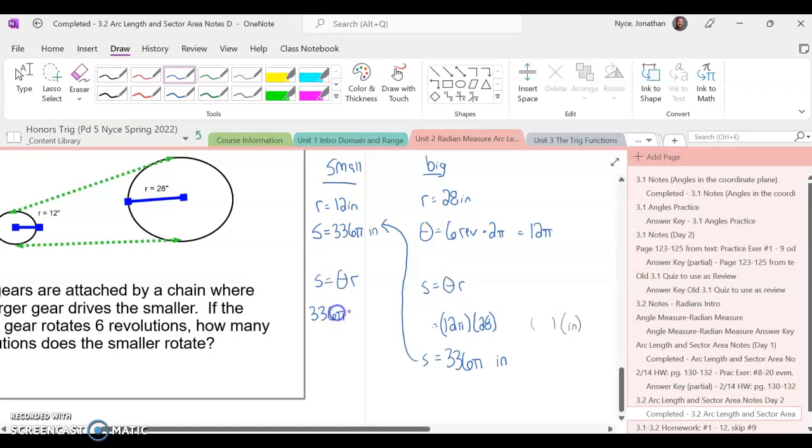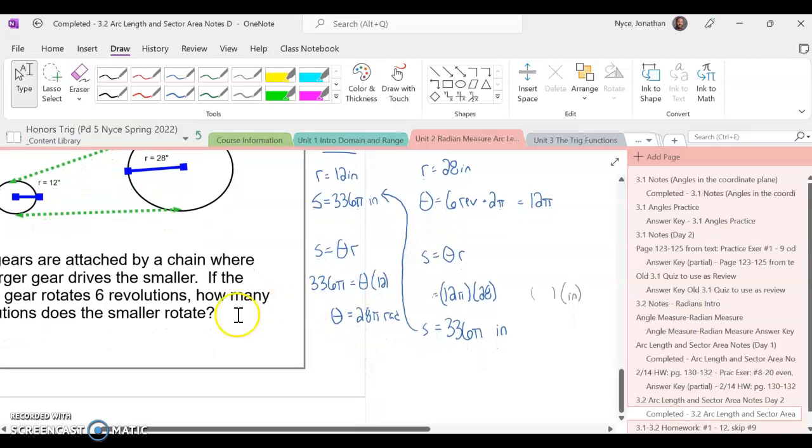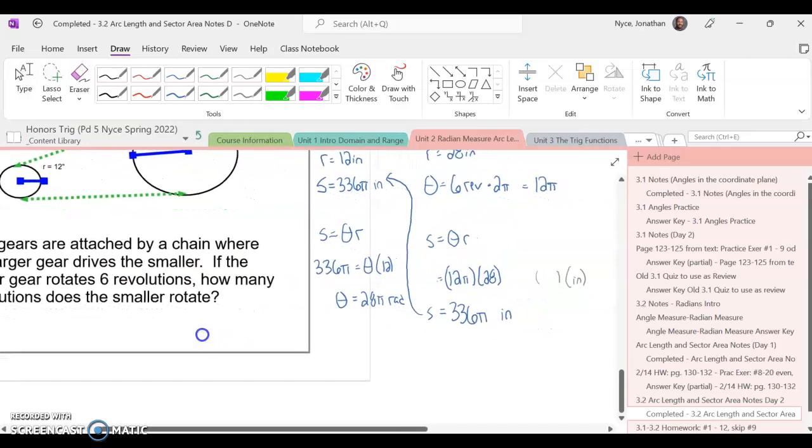336 pi is equal to theta times a radius of 12. Divide both sides by 12. We end up with 28 pi. Again, that's going to be radians. This formula only works with radians. And the question is asking how many revolutions the smaller gear rotates.